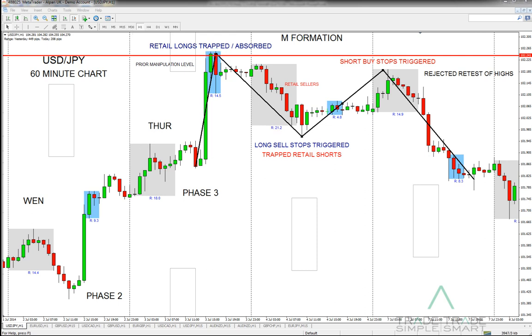Okay, so you're going to have many traders who bought into the market here. You also have your breakout traders who would also have bought on the breaking of the prior manipulation zone, and this creates a deep pool of liquidity for smart money to execute and liquidate the majority of their position.